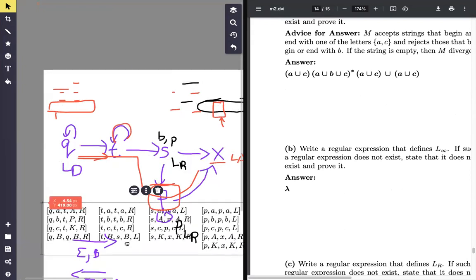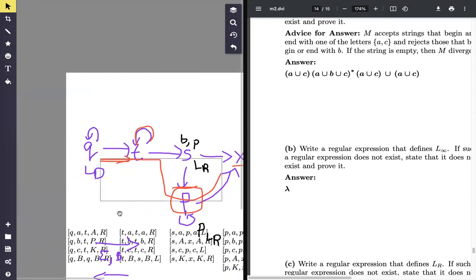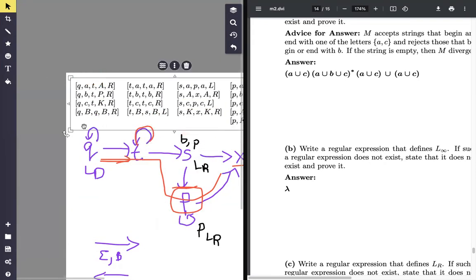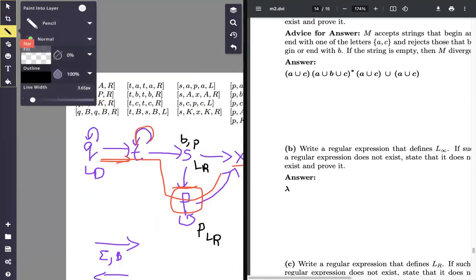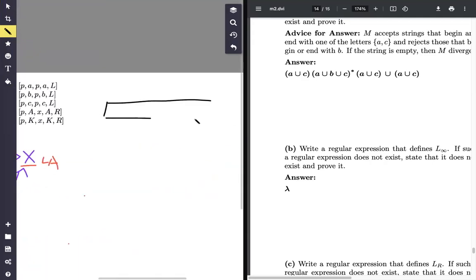So we already start off in state Q. And so how do we just stay in state Q? We have to see a blank. If I'm in state Q and I see a blank, that means nothing comes after it. There's an infinite number of blanks after it, which means my original input string was empty, and hence my answer is empty, lambda.